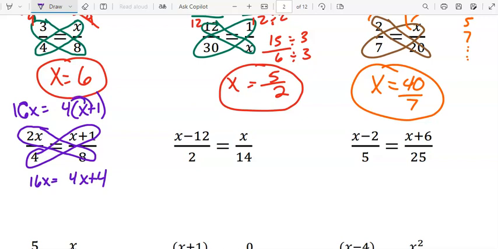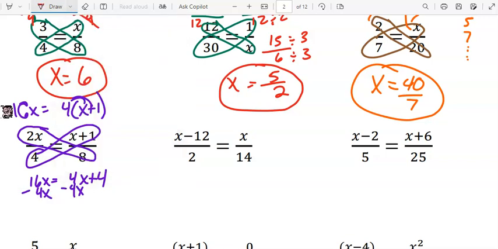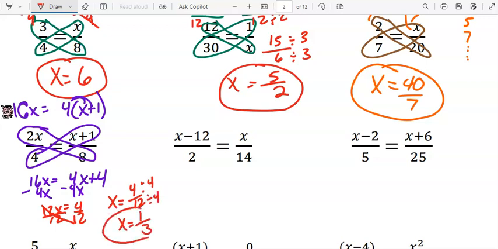We distribute the 4 to each of those two terms. Subtract the 4x. And then we get 12x equals 4. Divide each side by 12. x equals 4 over 12. They each could divide by 4. x equals 1/3.